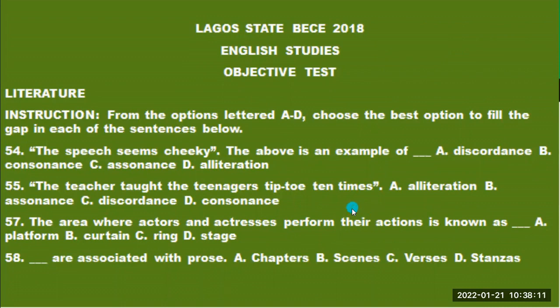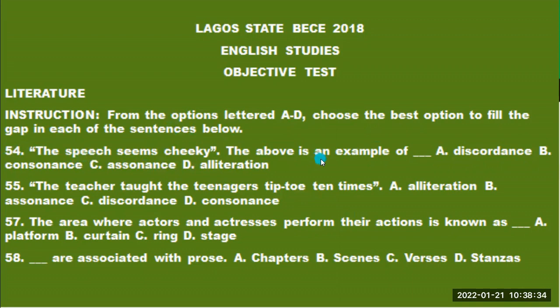Now, the instruction is as follows. From the options lettered A to D, choose the best option to fill the gap in each of the sentences below. Question number 54: "The speech seems cheeky." You see, this expression is put in quotes.